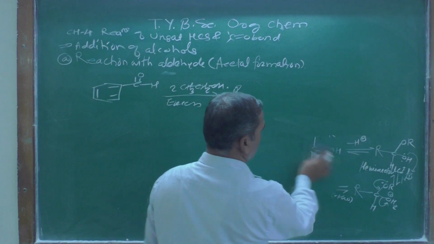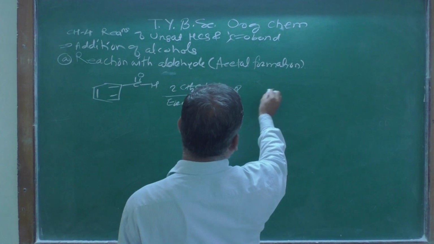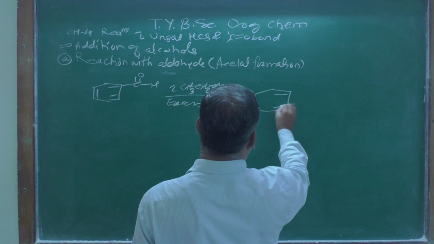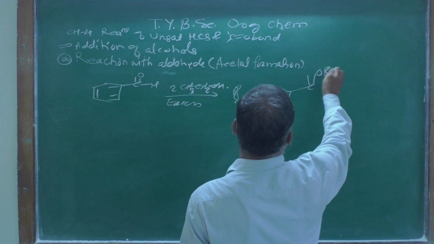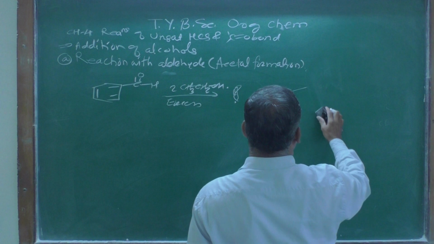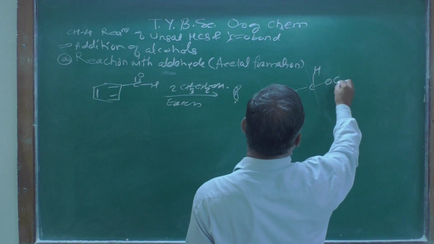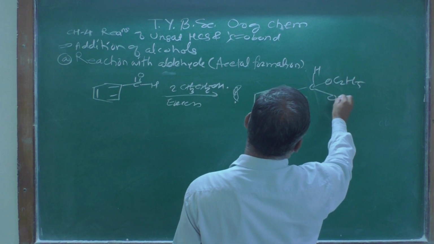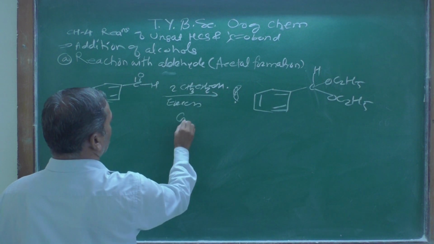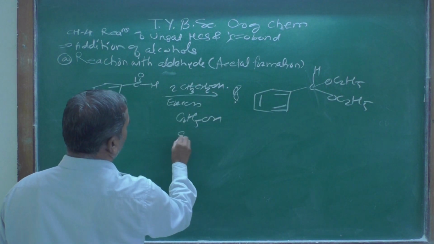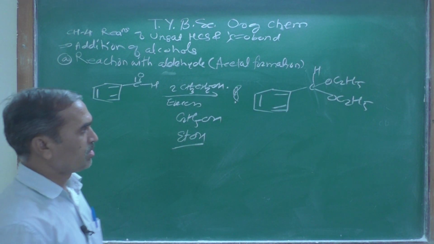Just now we have seen the mechanism, there will be formation of an acetal, right? So here you get the product like this, with C, H, then OC2H5 and OC2H5. Ethanol we can write as C2H5OH, or sometimes as EtOH, which is nothing but ethanol.